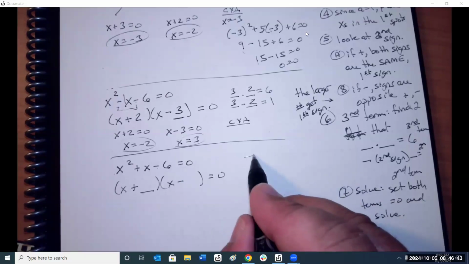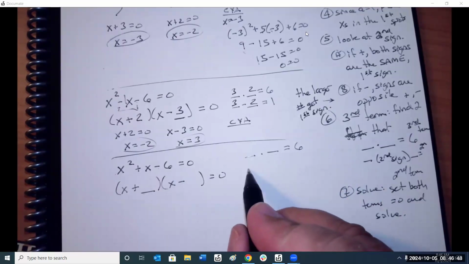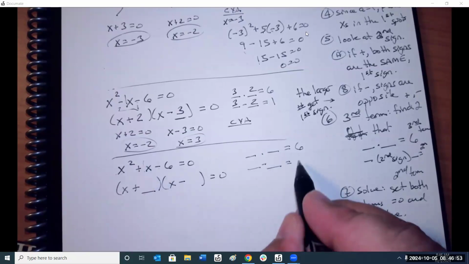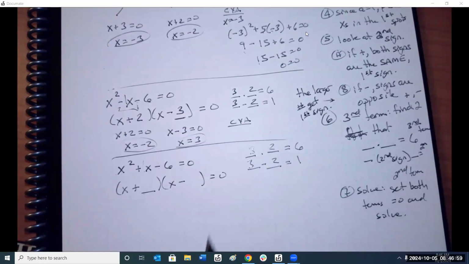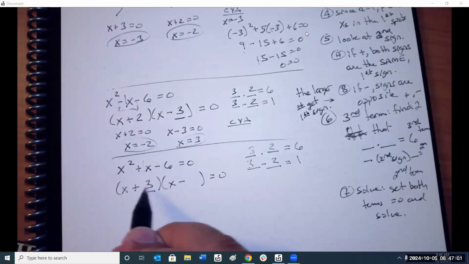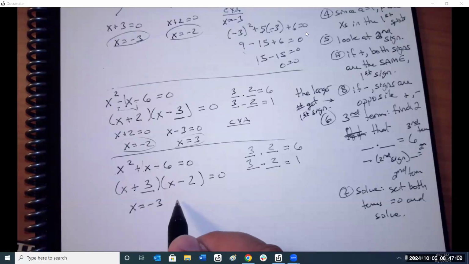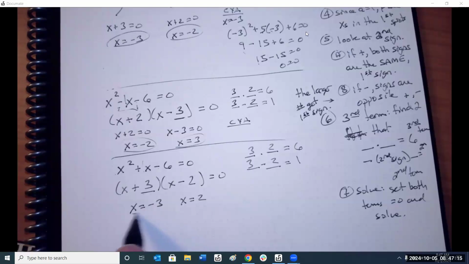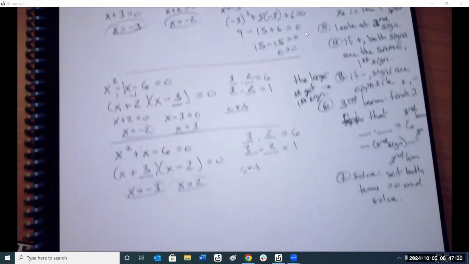Find out what times what equals your last term, which is 6 in this case, that when you subtract them, you get 1. Same as the last one, 3, 2. But since the first sign is positive, the bigger number gets the positive. We get our solutions by these two. x minus 3, x plus 2. Again, you can plug them in there and check your answers.